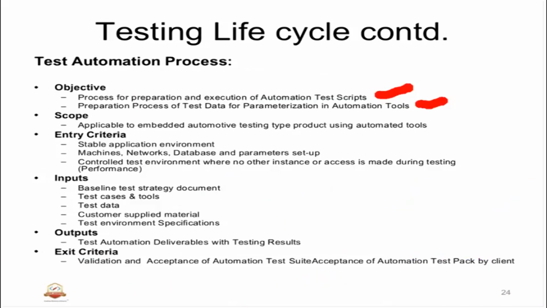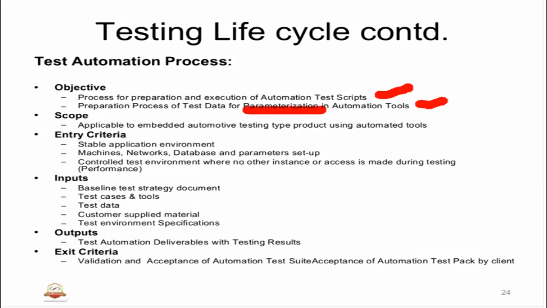Here what we do is execution of automation, we will define the automation process. The objective is the preparation and execution of automation test scripts and parameterization in automation tools. That means what are the parameters that will be used. Those parameters are usually test data inputs and test data outputs.